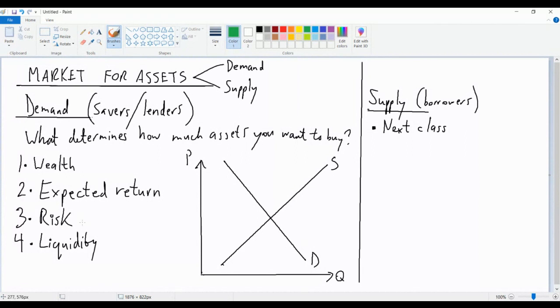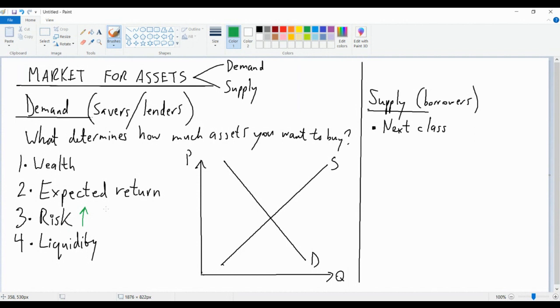Now, suppose that something happens that means that our view of this asset is that it's become more risky. Now, risk is a bad thing as far as we are concerned. We don't like to have assets that are risky. So what's this going to do to my demand curve? Demand curve for this asset.